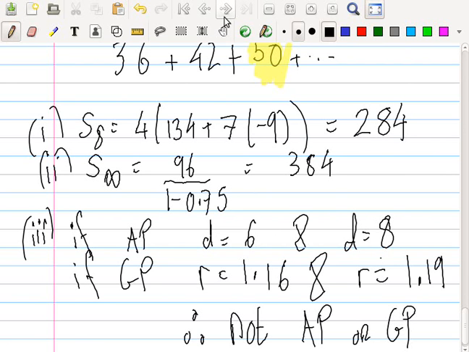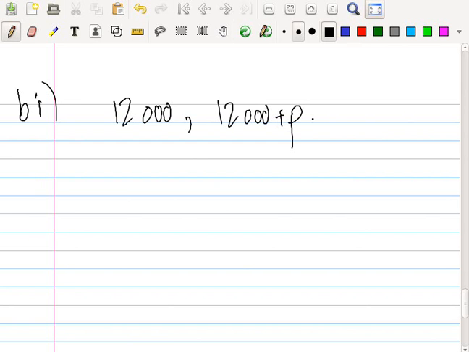Okay. Last part now. Ali and Beryl both start earning 12,000 a year. Ali's salary increases by P each year. So it's 12,000, and then it's 12,000 plus P, and then it's 12,000 plus 2P, etc. And then Beryl's increases by a factor of 1.05.